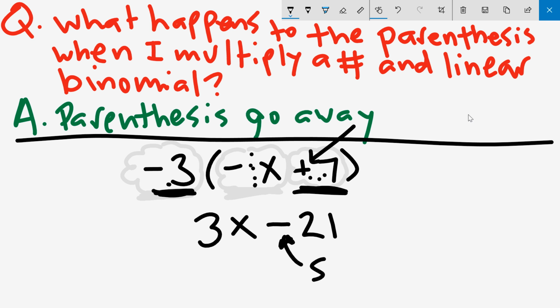So that's our shortcut, and so this goes back to subtraction. And guess what? We're done. Notice what happened. You can notice right there that these guys went away. They're gone. After you multiply a number and a linear binomial, the parentheses go away. You don't have to worry about them anymore.